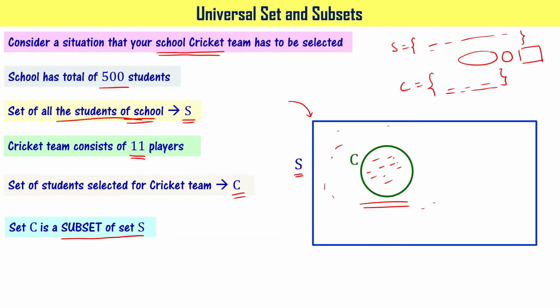That's why you say that set C is a subset of set S. Understood? So mathematically it is represented as C is a subset of S. This is the subset symbol. When you write something like this, it is a subset.